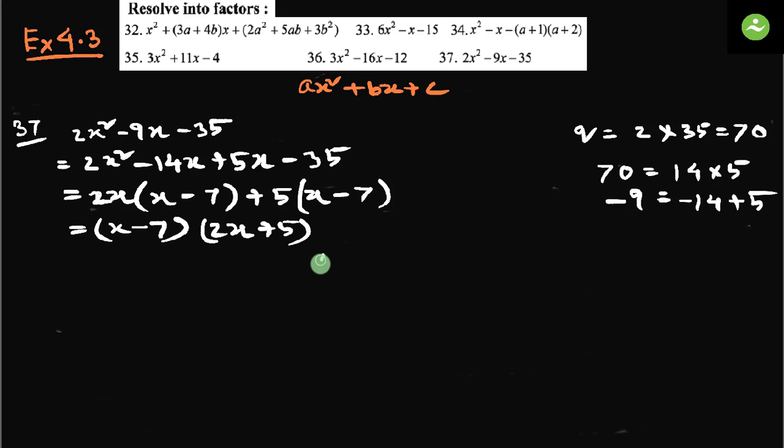That is the answer. x minus 7 into 2x plus 5.